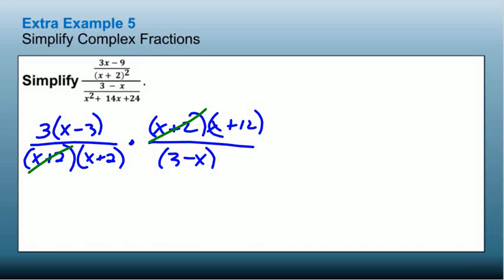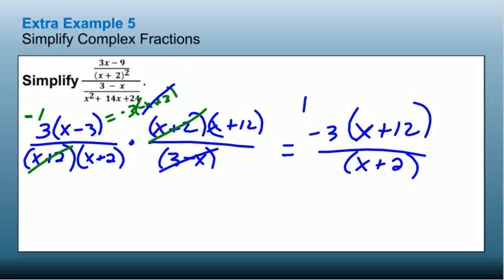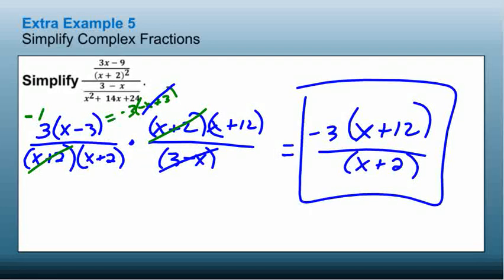I could also factor out a negative 1 here. If I factor out a negative 1 here, this is going to equal negative 3 times negative x plus 3, which will cancel off here. And now I'm left on top with negative 3 times x plus 12 all over x plus 2. And this would be my solution.